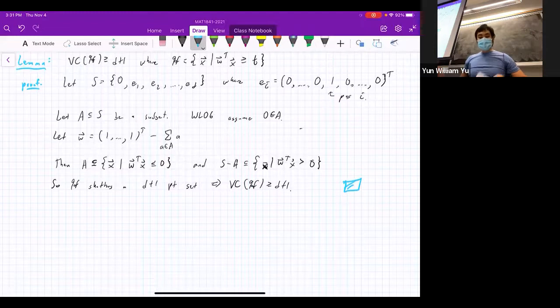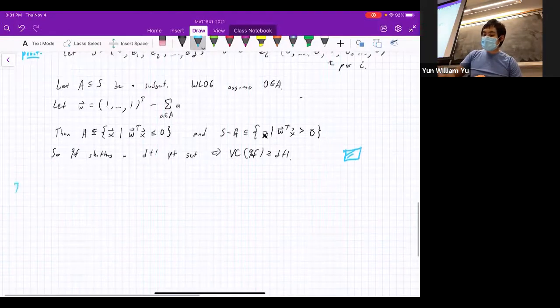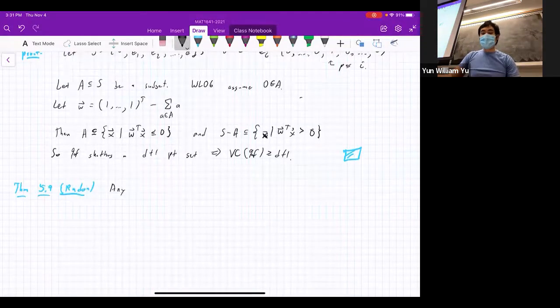Now proving the other direction is going to be a little bit harder. To do that, we're going to have to first prove a theorem. This is Theorem 5.9, by Radon, and it's a fact about convex hulls.